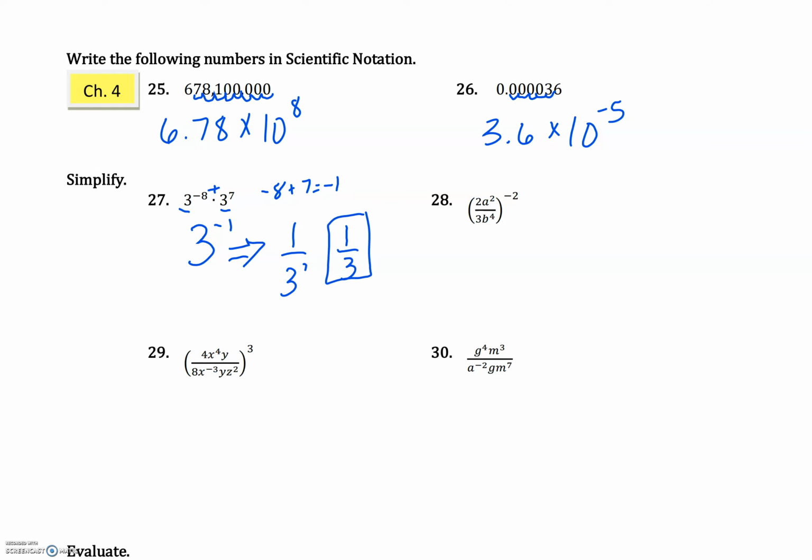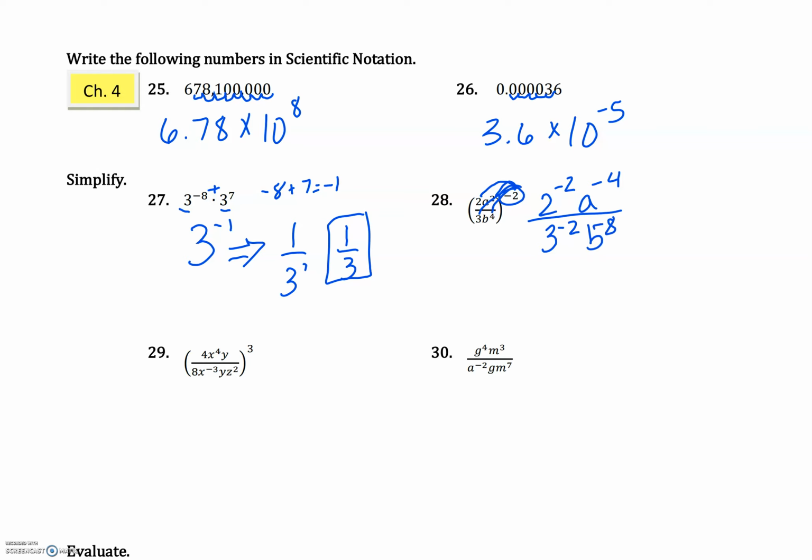Number 28 has a fraction inside a parenthesis, some exponents inside, and an exponent on the outside. So let's go ahead and distribute that negative 2 exponent to everything inside. So we'll have 2 to the negative 2, a to the 2 times negative 2, which is negative 4, 3 to the negative 2 on the bottom, and b to the negative 8, multiplying 4 times negative 2.